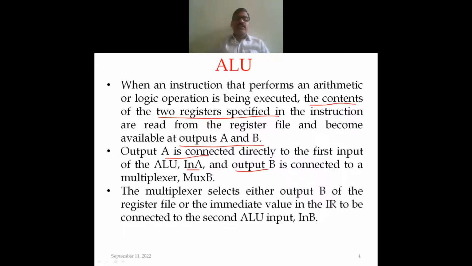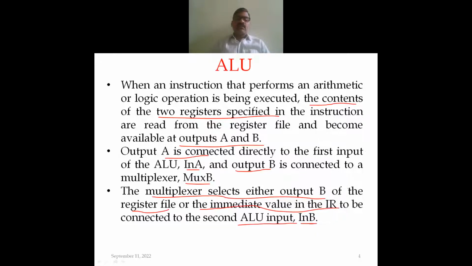B is connected to a multiplexer, MUXB. The multiplexer selects either output B of the register file or the immediate value in the IR to be connected to the second ALU input, that is INB.